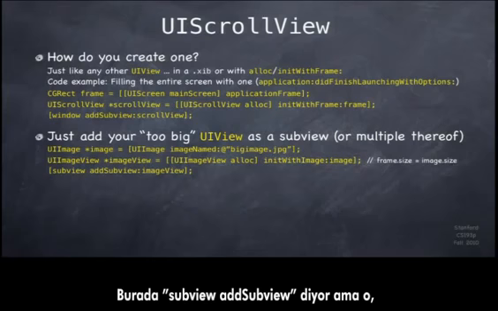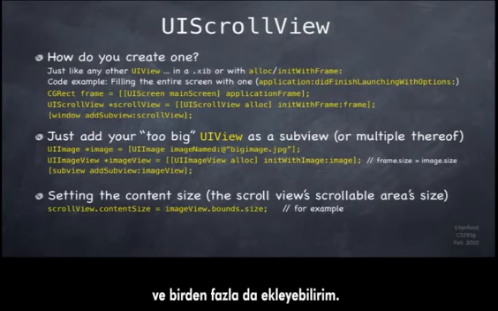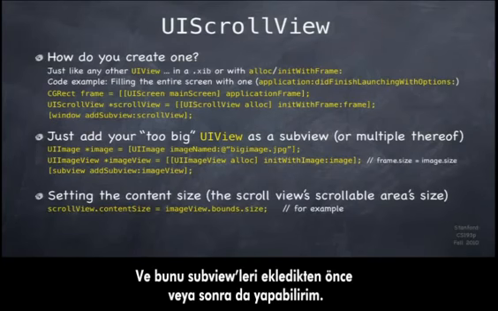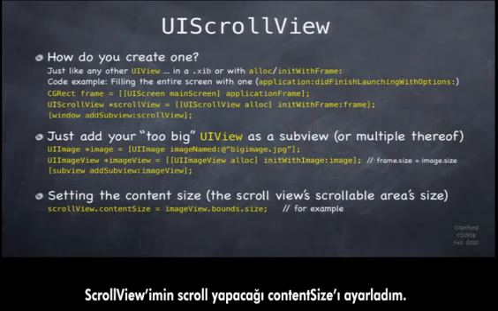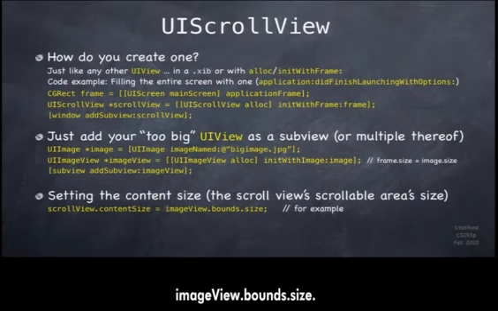It says subview add subview. That should be scrollView addSubview imageView, right? So I just add it as a subview to the scroll view, and I can add multiple. And I can do this before or after I add the subviews, I set the content size that my scroll view is going to be scrolling around. And here, I'm going to set it to be the size of my image view, imageView.bounds.size.